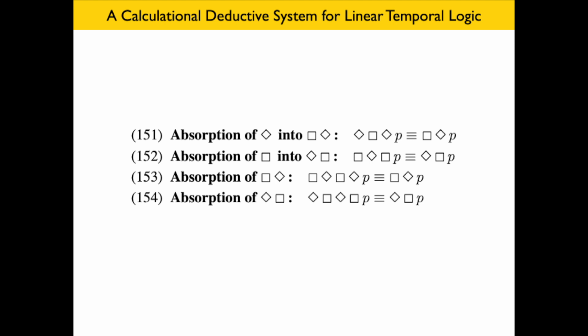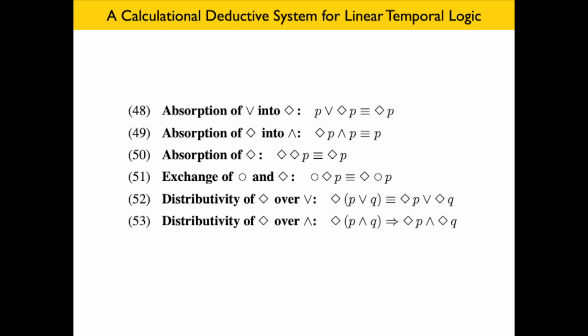Now, what's interesting about this is that we should compare them with the absorption laws for eventually and for always. So take a look at, recall, theorem 50, absorption of eventually. What that says is that if you have an eventually P and you stick an eventually in front of it, it just goes away.